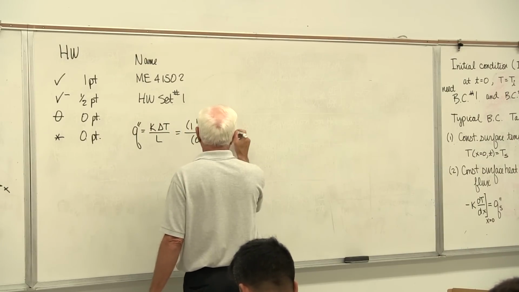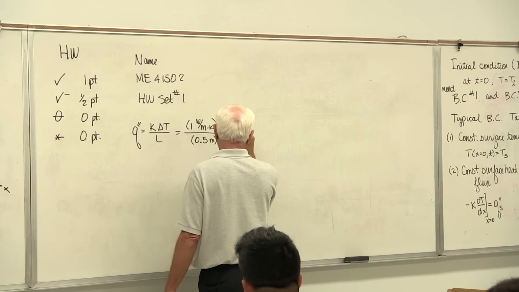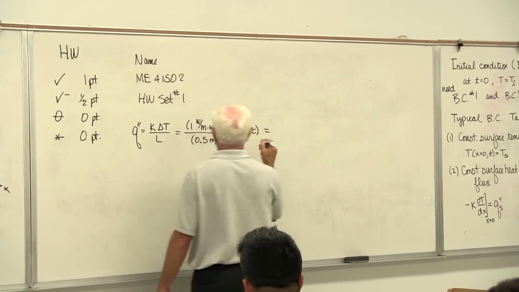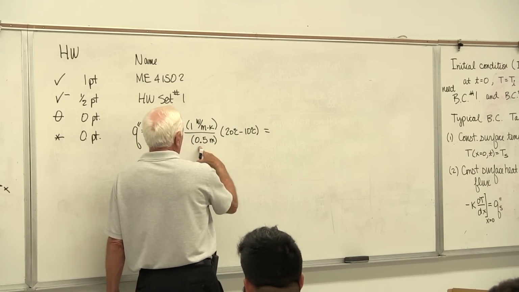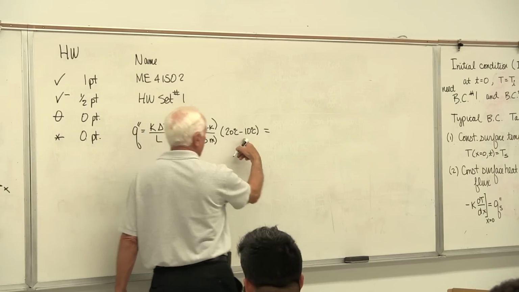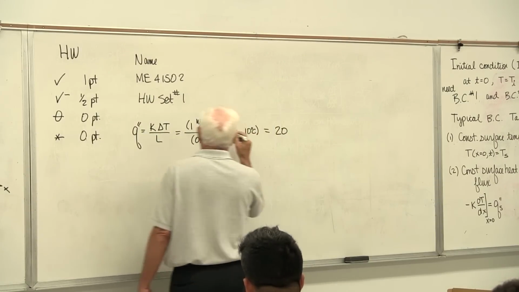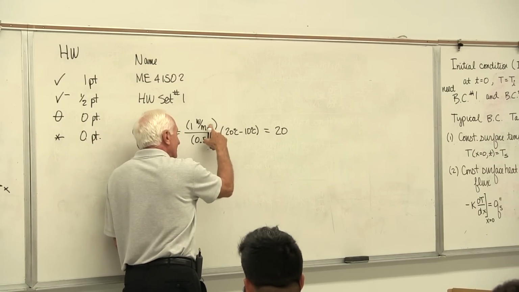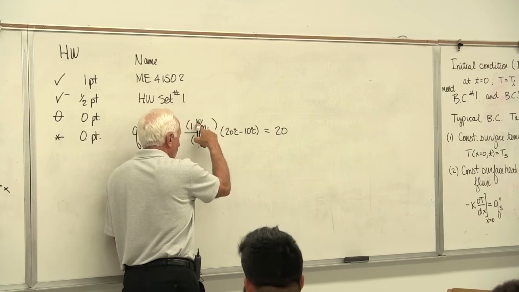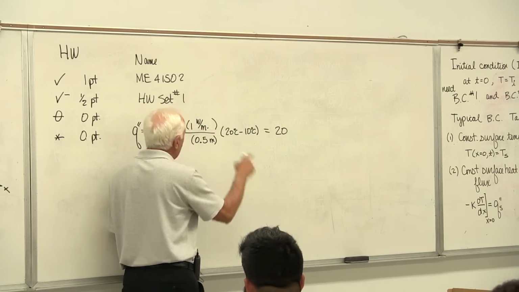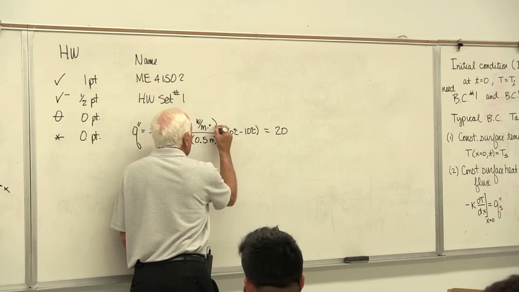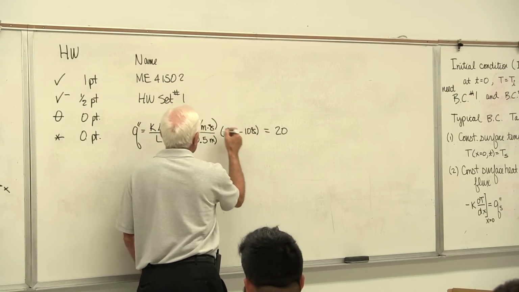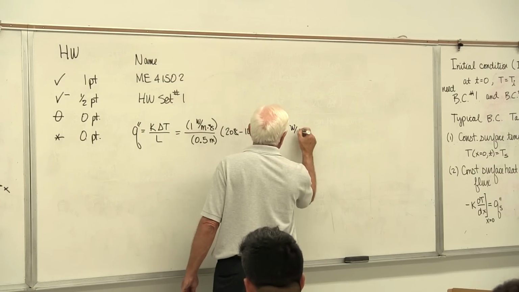And delta T is 20 degrees C minus 10 degrees C, equals 2 times 10, 20. If you don't like degree K, take your eraser. That's from the back of the book, 1 watt per meter degree K in the appendix. Take your eraser and make that a degree C. We said before, that's legal. Cancel, cancel. Watts per square meter.